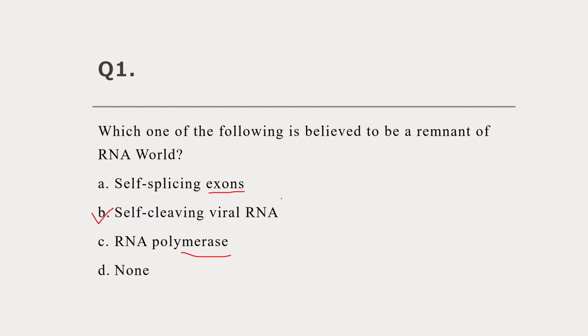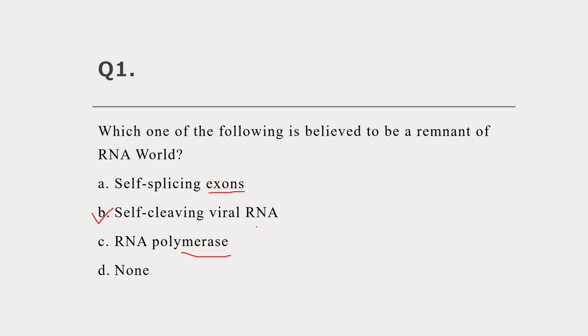Just write it down in the chat box. Yes, very good. So exons are the coding RNA. We can call it the coding sequence, right? Thank you for answering. So self-splicing, why do we need to splice the exon? We need to splice the introns. So this option is removed by itself.